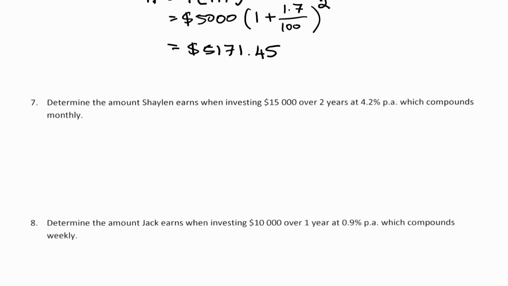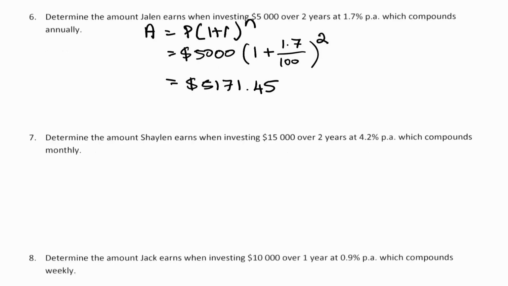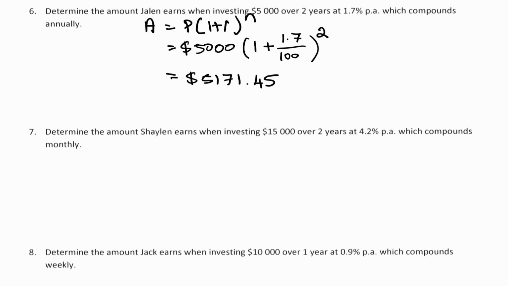All right, now this one is another compounding question, but these previous questions were compounding annually. This question here is compounding monthly, so this one's going to be slightly different. So we start off with the same formula, A equals P, 1 plus R to the N. The principal here is 15,000.